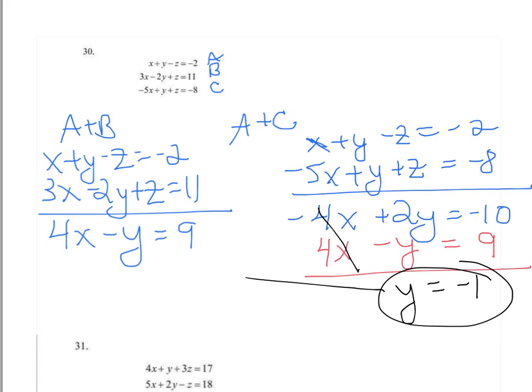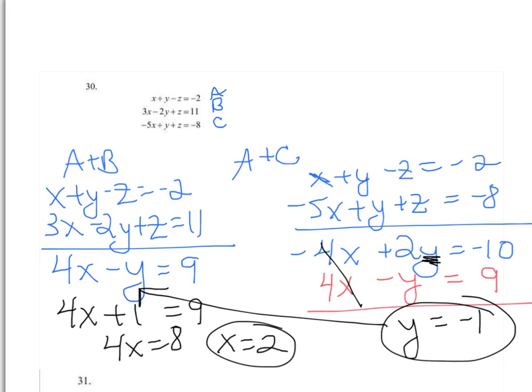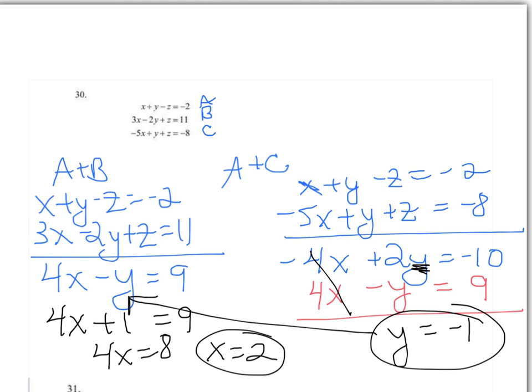So now we can take that and plug that back in here. We could have chosen this y as well to plug it back into, but it's just easier to use a y without a coefficient. So minus a negative 1 is plus 1. We subtract the 1 to the right-hand side. We're going to get x is 2. And now we can use both of these values and find our z value.